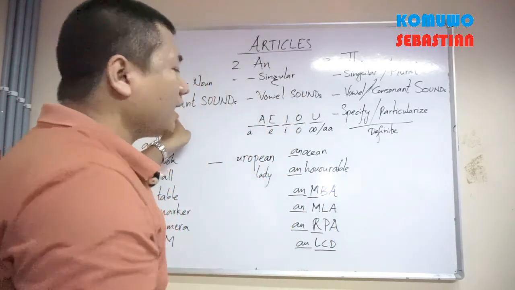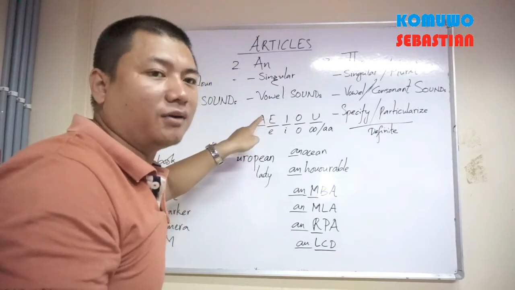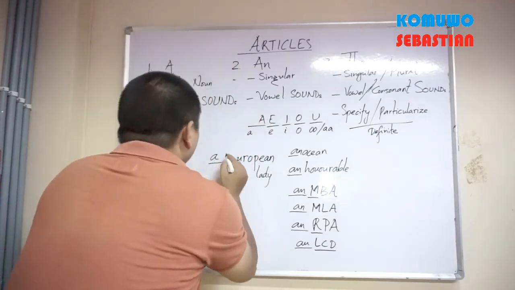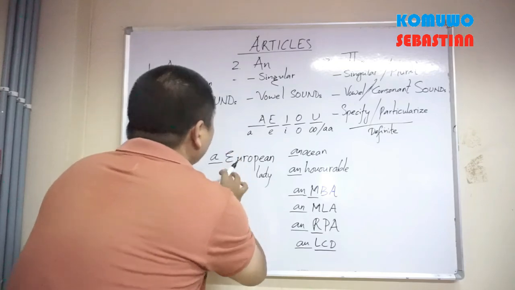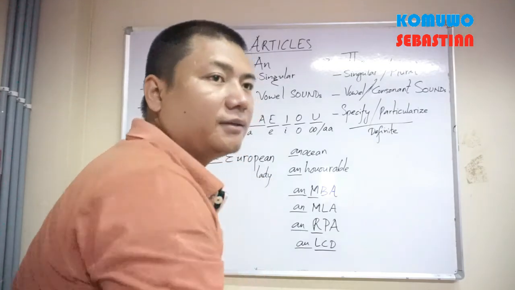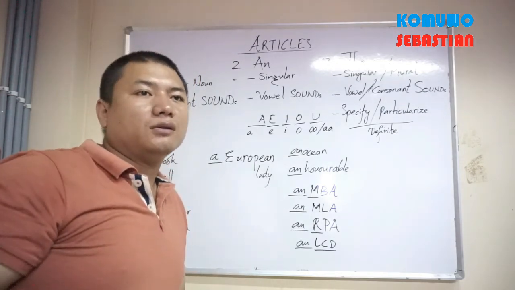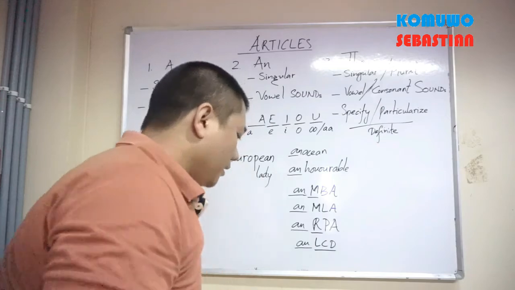Ya is a consonant sound, not a vowel sound. So because of that, we use a here. Okay, a European lady. Any confusion? No, fine, clear. And what more?